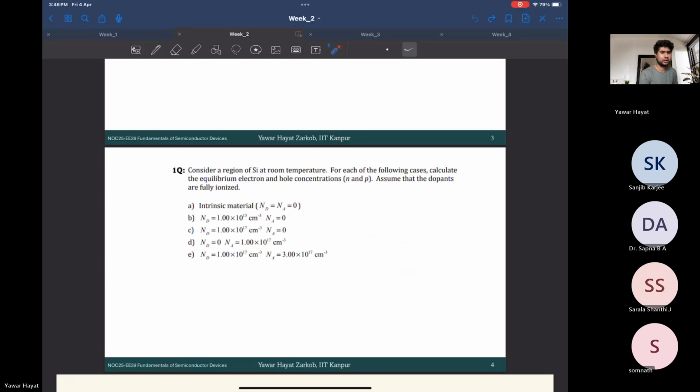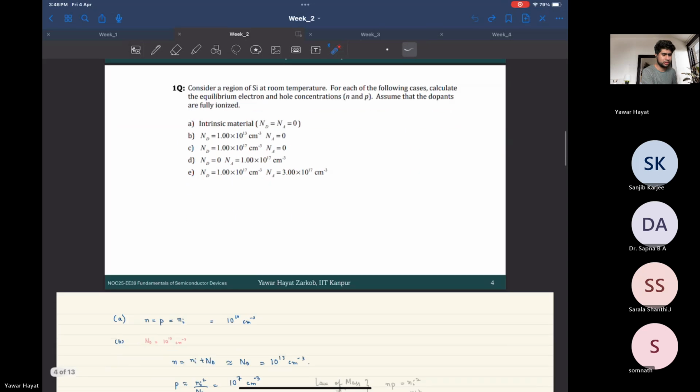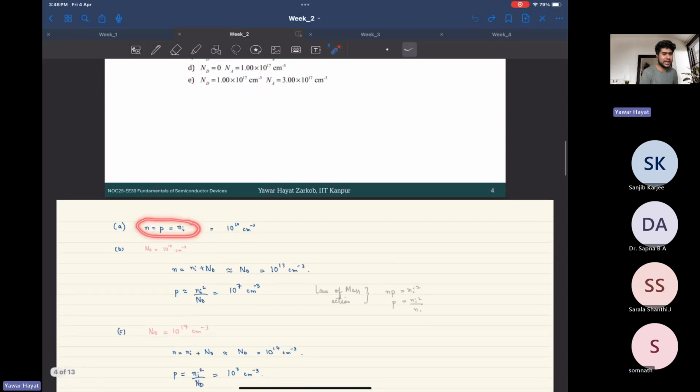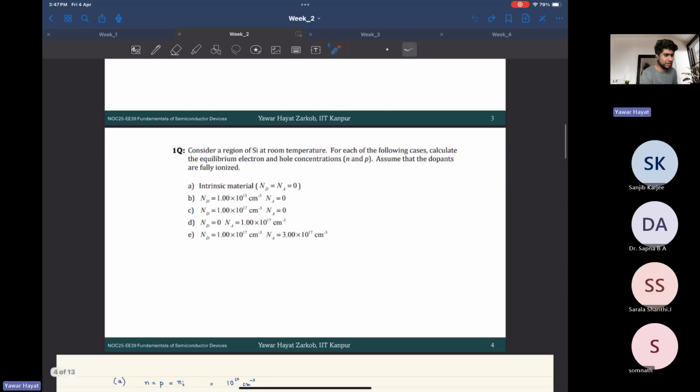Since np is ni square and we are not doping, both are equal. So the only way it would be satisfied is when n is equal to p is equal to ni. Let's take ni as 10 to the power 10 per centimeter cube. It's probably 1.5 into 10 to the power 10, but let's simplify matters and keep it 10 to the power 10.